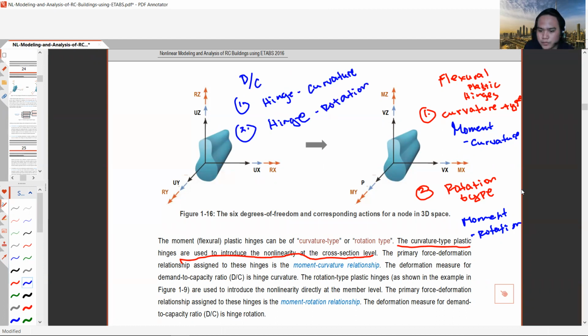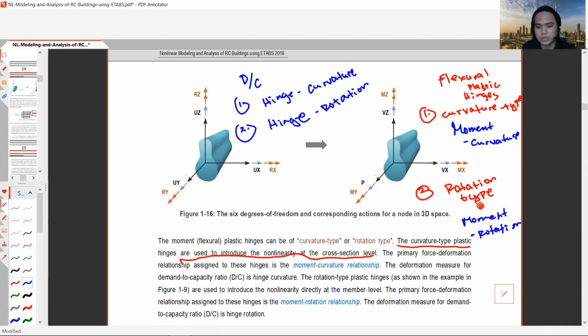The rotation type plastic hinges are used to introduce the nonlinearity directly at the member level, with the moment rotation relationship.